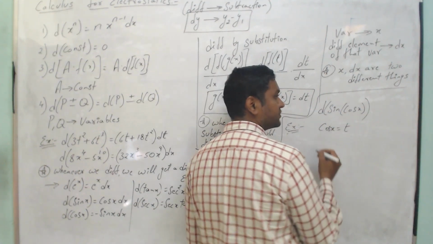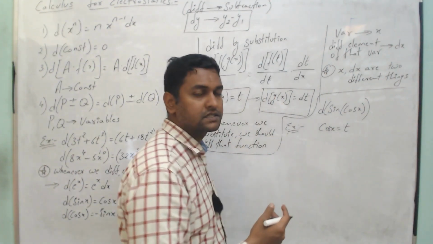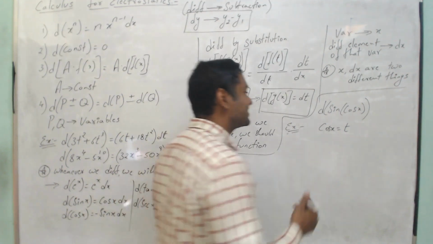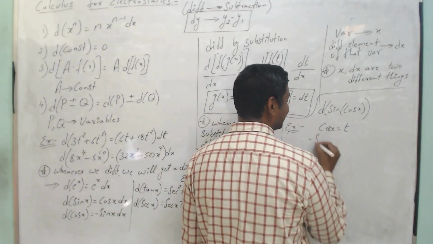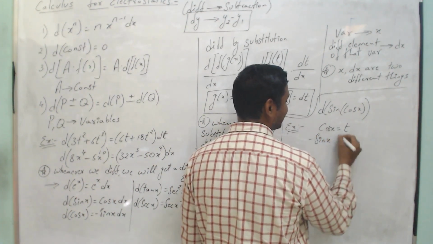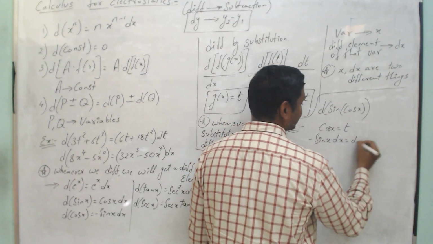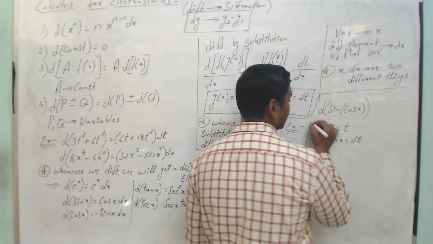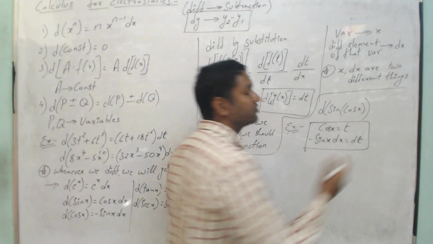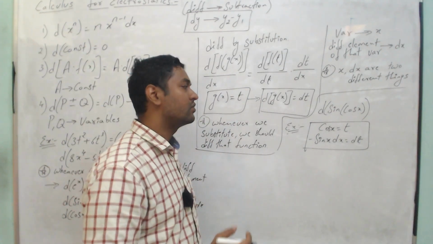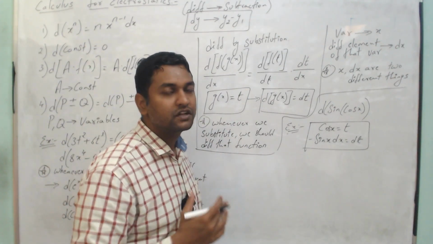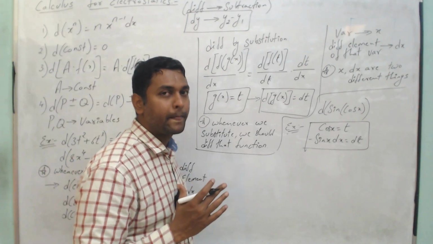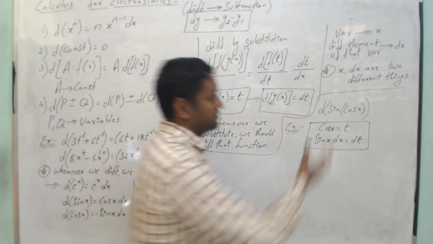So what is differential of cos x? It is sin x dx. Minus sign. Minus sin x dx. Good. So differential of cos x is minus sin x dx. So now my job is done. I substituted it as a new element, and now I also know the differential element of it. Clear?